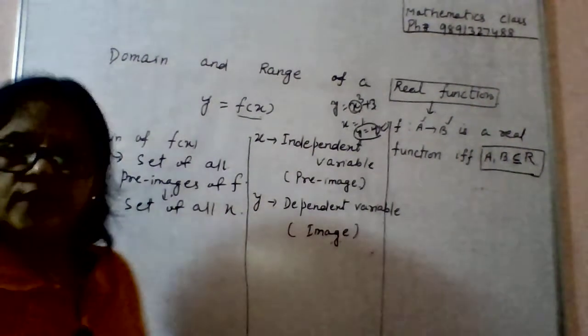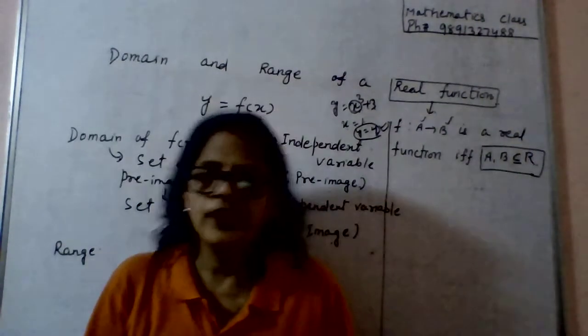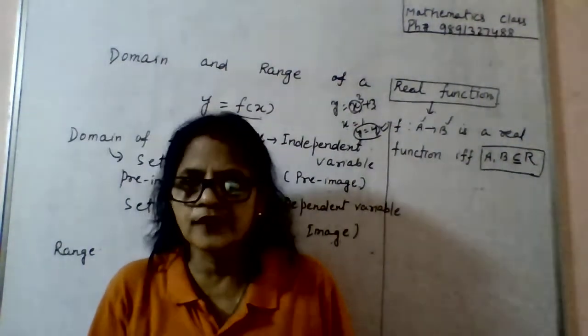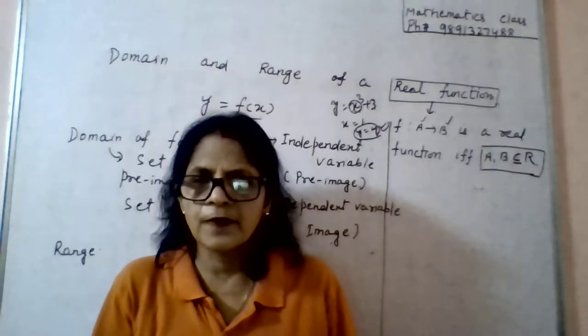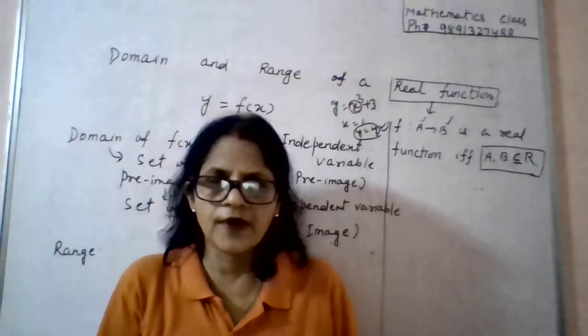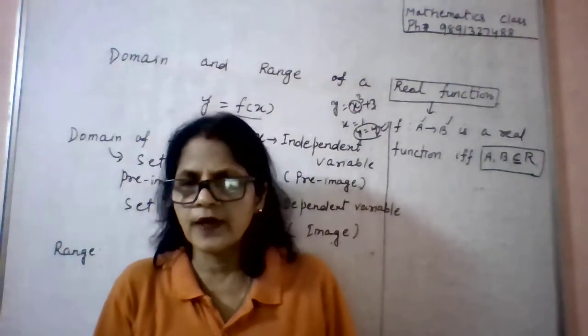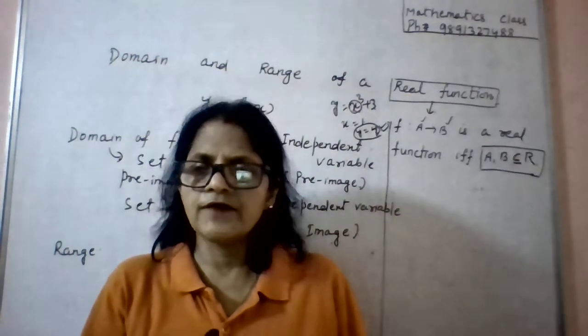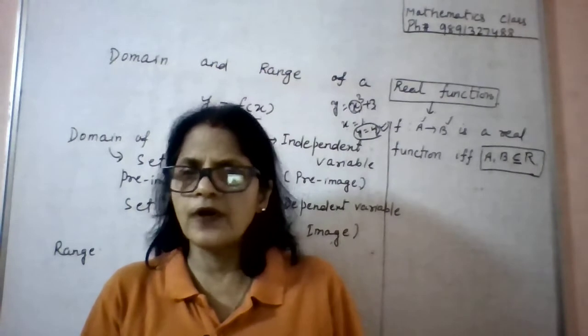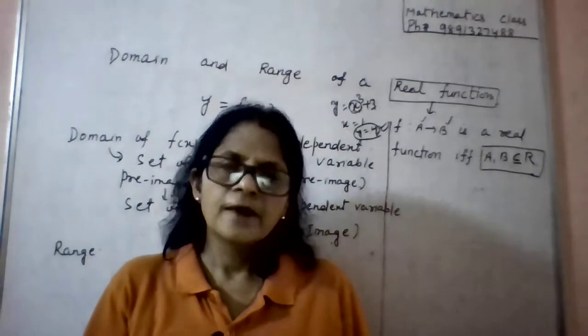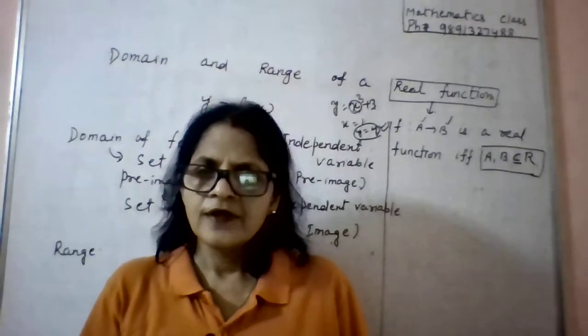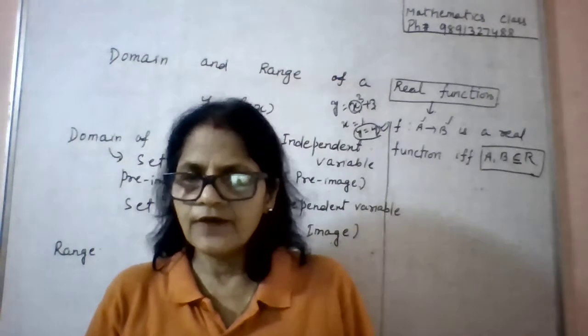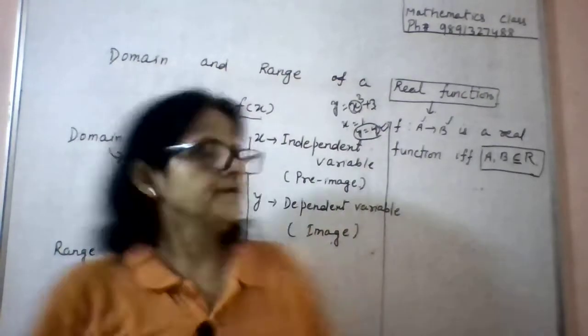So while finding the domain of the function, we have to ask ourselves the question: for what value of x is f(x) defined, for what value of x is f(x) real, right? So in domain we have to find the set of all x, set of all pre-images, or set of all independent variables. Is it clear?